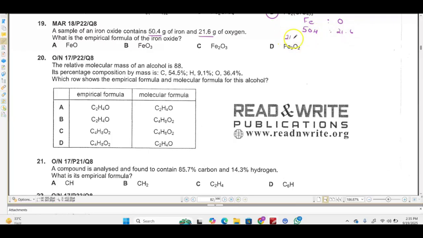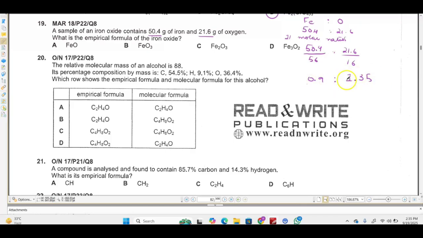So the first step is molar ratios. How are we going to do that? We are going to divide these with their Mr number. So Mr for iron is 56, and that for oxygen is 16. So the answer that we are going to get is 0.9 and 1.35.